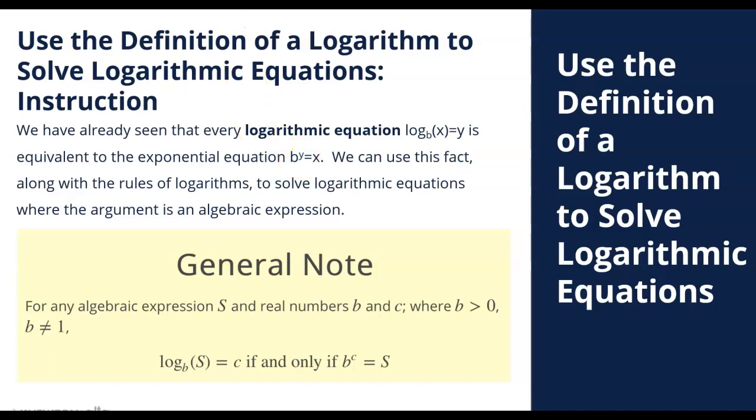As a general note, for any algebraic expression s and real numbers b, c, where b is greater than 0 and not equal to 1, log of s base b equal to c can be written equivalently as b to the c equal to s. That is, log of s base b equal to c if and only if b to the c is equal to s.